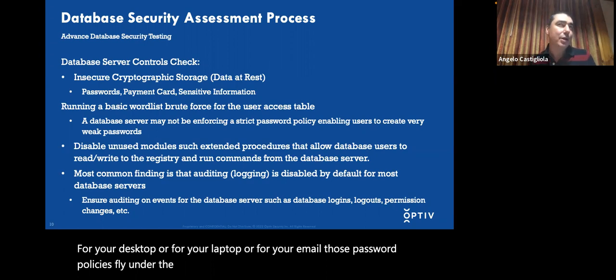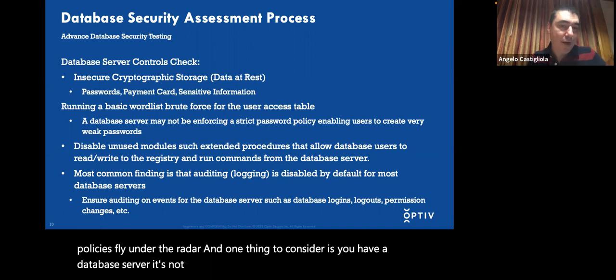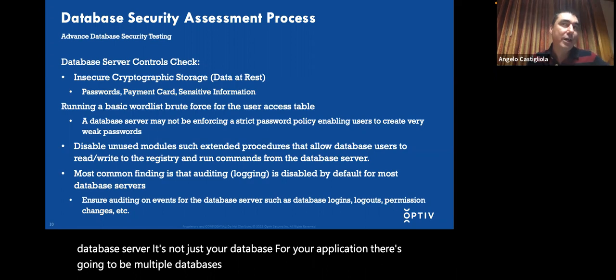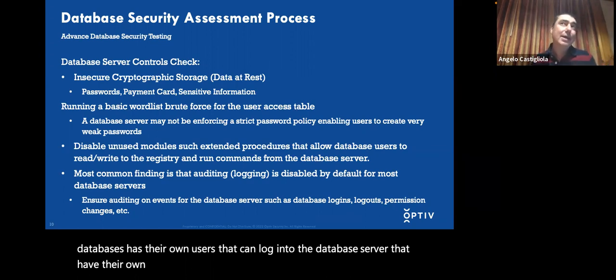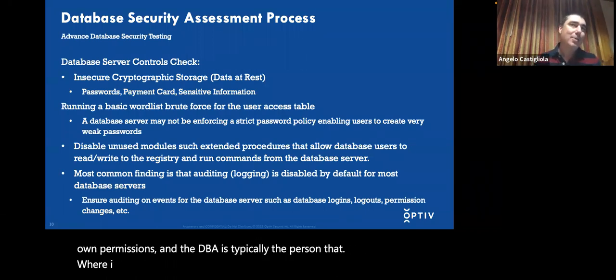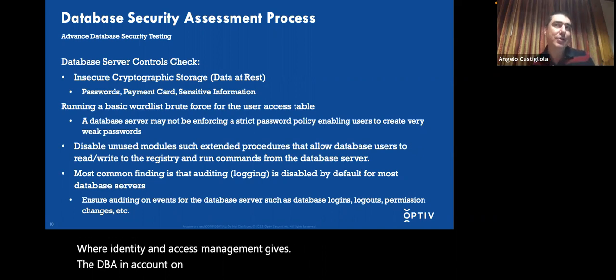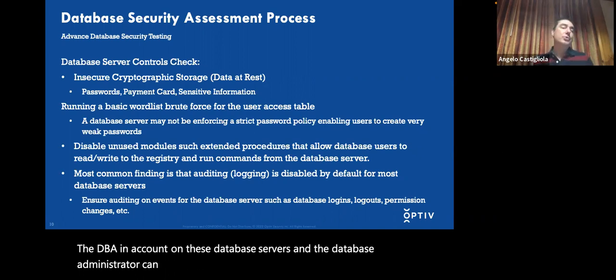One thing to consider is that a database server is not just the database for your application. There are going to be multiple databases on that database server, and each one of those databases has its own users that could log into the database server and have their own permissions. Identity and access management typically gives the DBA an account on these database servers, and the database administrator can create their own users on these servers.